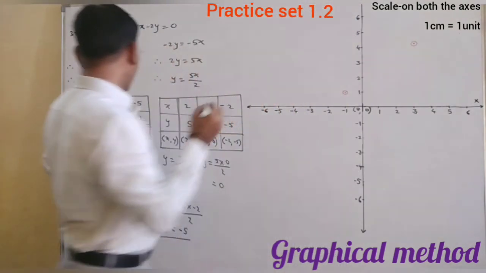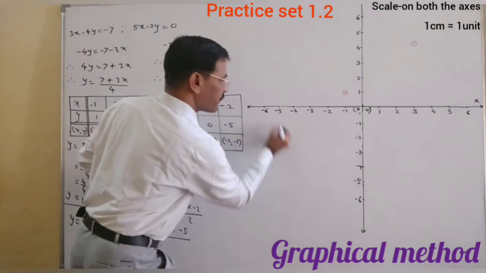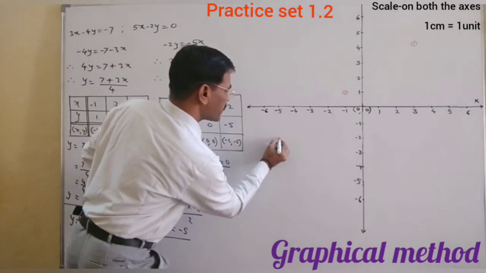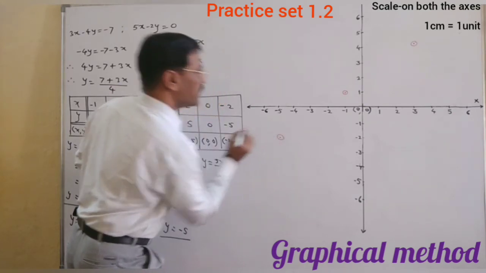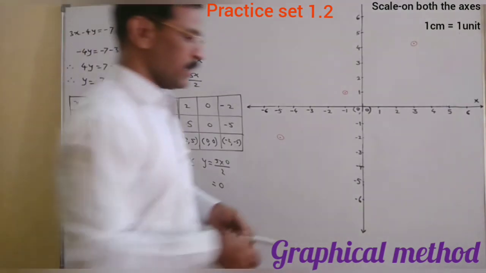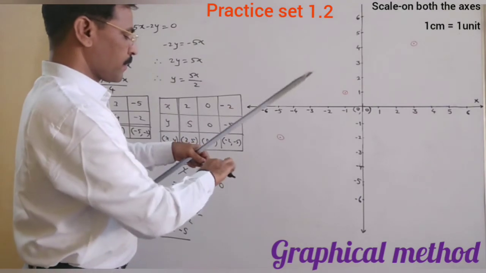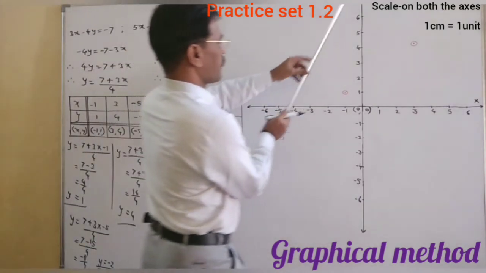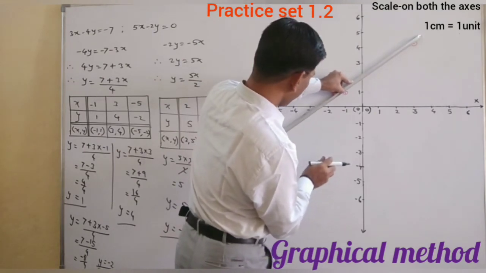Okay. Similarly, minus 5, minus 2, which is in the third quadrant. Minus 5, minus 2, here it is. Yes, is it correct? Now, from these 3 points, we are going to draw the graph here. See, obviously they are collinear. That must be collinear. See here, yes or no?